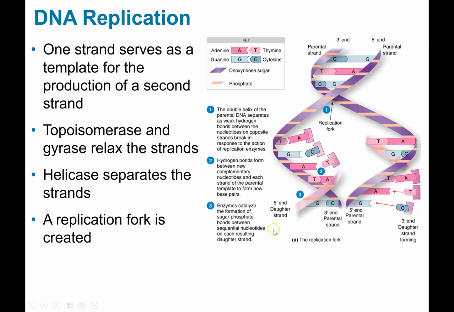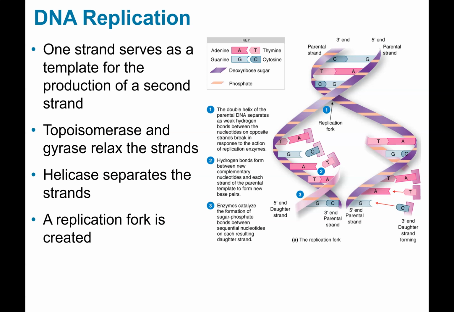And we're also here going to start looking at DNA replication. So the way DNA replication works is that one strand serves as a template for the production of a second strand. So what happens when an organism is going to go through reproduction and divide themselves? So the first thing they have to do is copy their DNA.